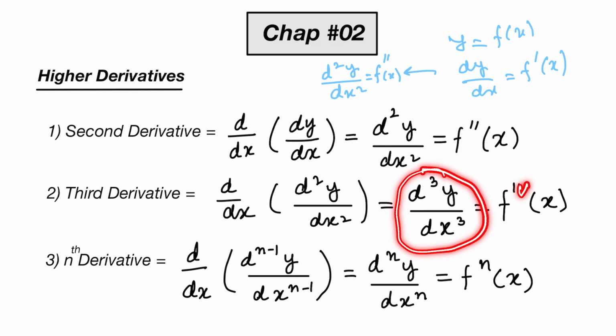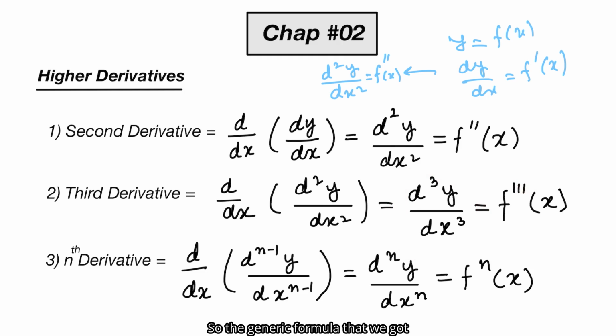So the generic formula that we got is the nth derivative, that is d over dx of d^(n-1) y over dx^(n-1). Now why is it n minus 1? Because for the third derivative we wrote 2, for the second derivative we wrote 1, for the fourth derivative we will write 3, and so on.